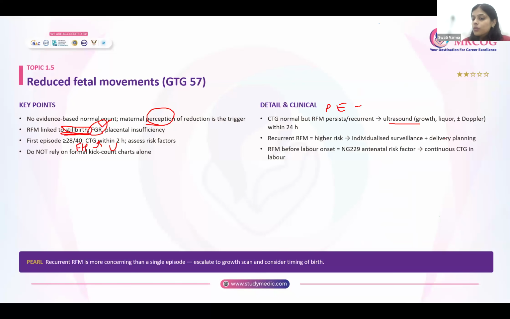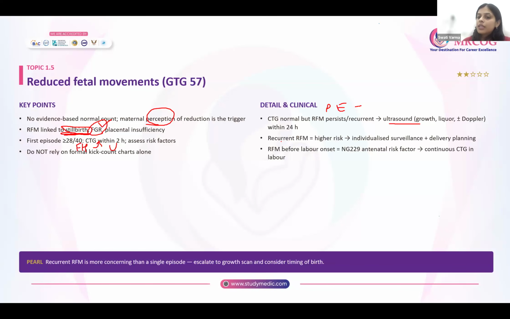If the last ultrasound was more than 2 weeks back, then she should be posted for ultrasound to check growth, liquor, and umbilical artery Doppler indices, especially the umbilical artery Doppler. If there is any risk factor for fetal anemia or any suspicion of feto-maternal hemorrhage, then MCA-PSV if required, within 24 hours.